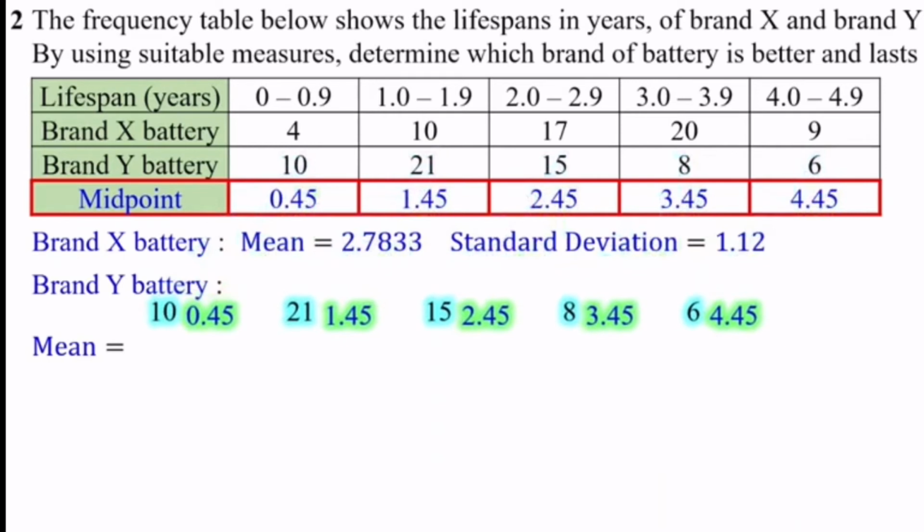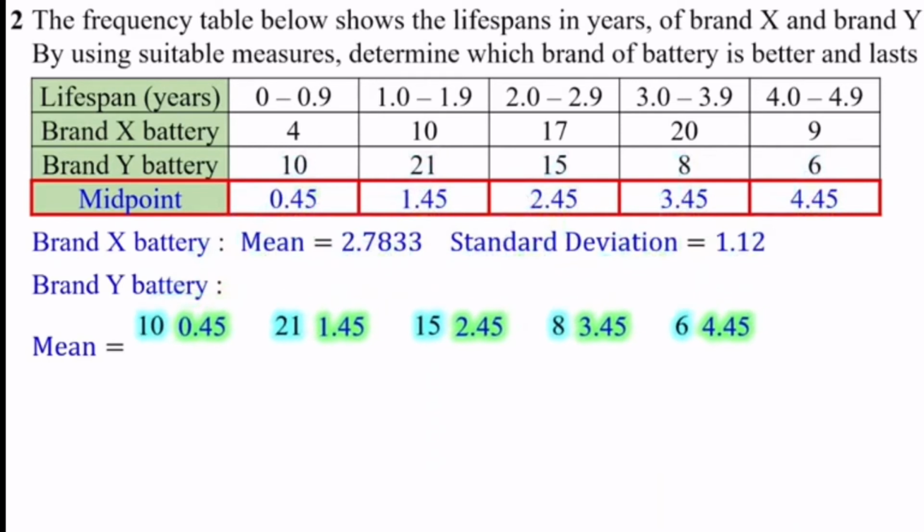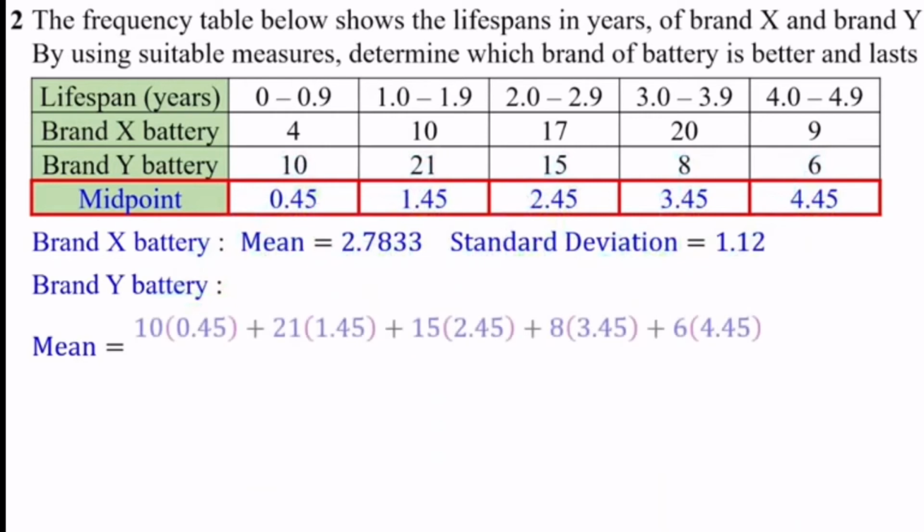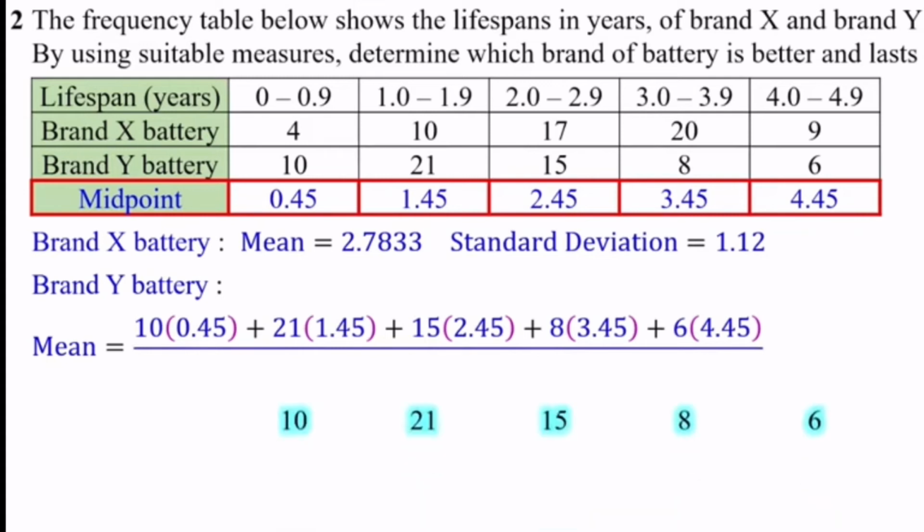So the mean is always frequency multiplied by midpoint over total frequency. So we need to add all the frequencies for the brand Y battery: we have 10, 21, 15, 8, and 6.